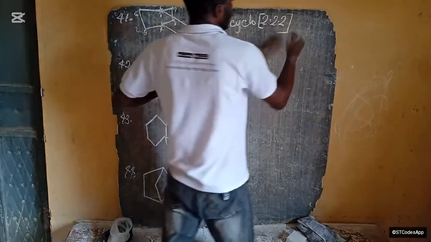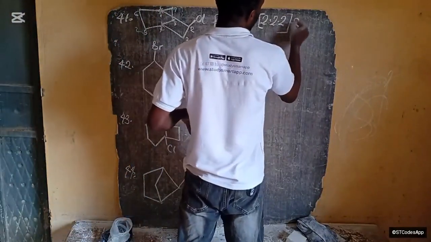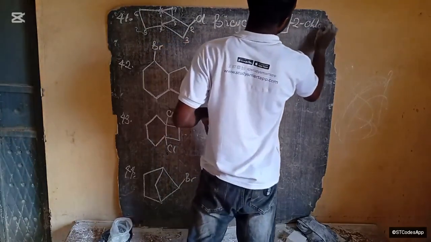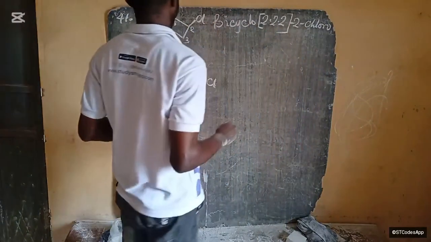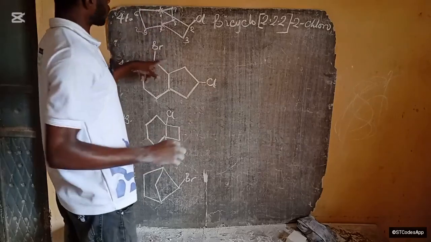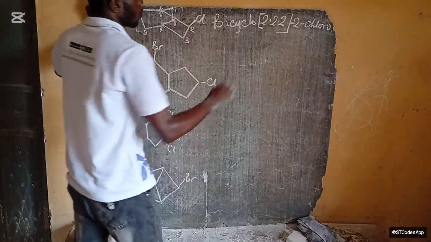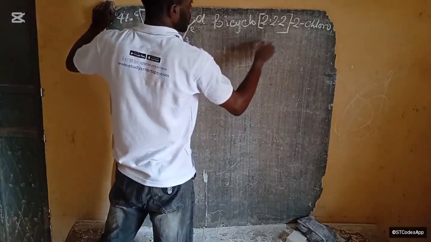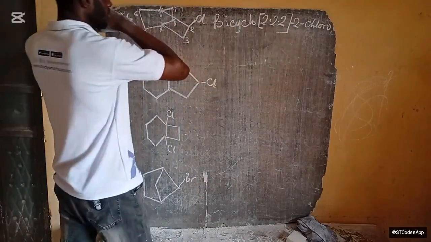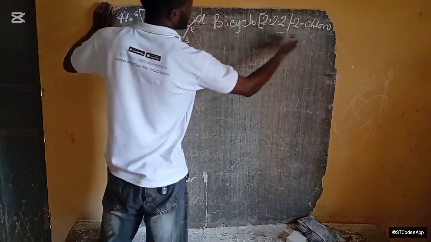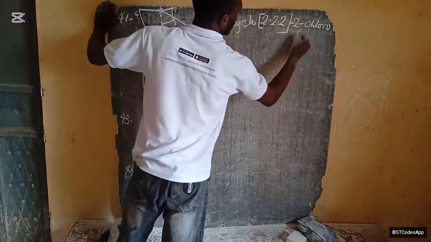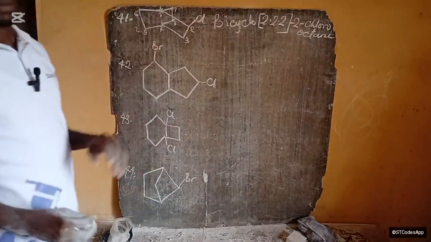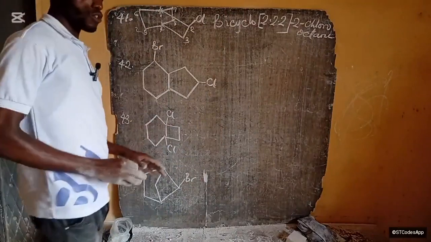So this now becomes 2-chloro. How many carbons all through? 8 carbons. 2-chlorobicyclo[2.2.2]octane.